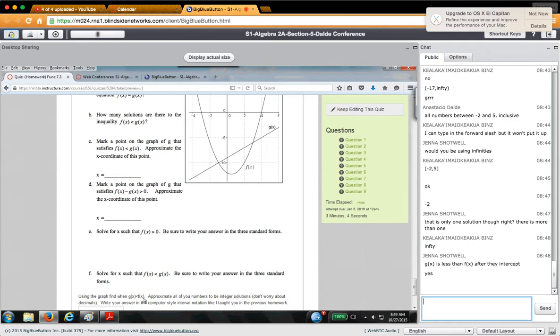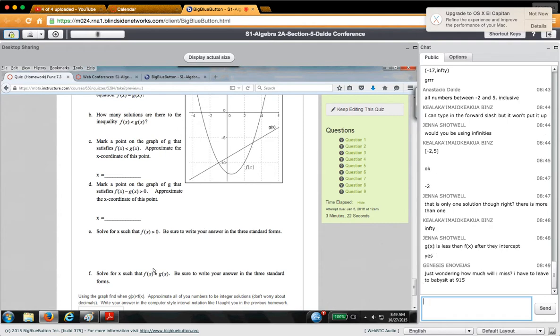All right, but I would also include the numbers between 3 and infinity, because this is 2, 4, and so in between here is 3.